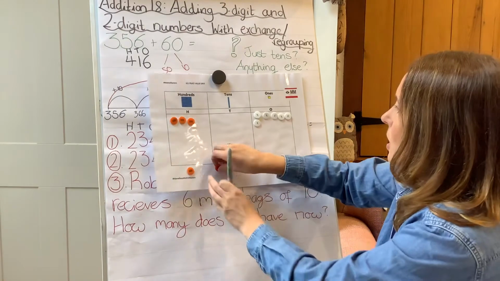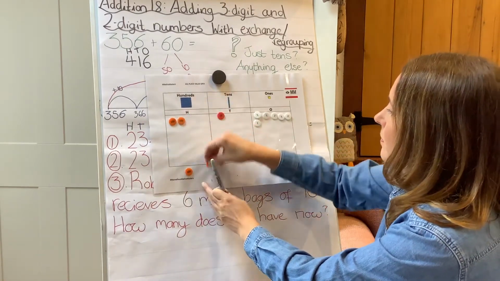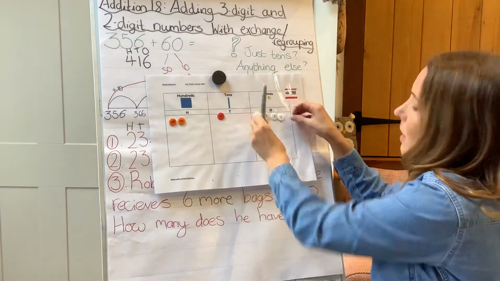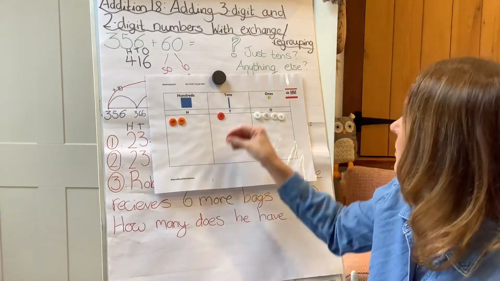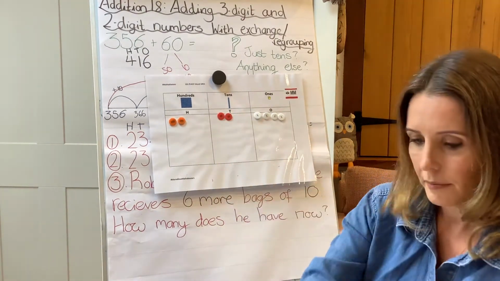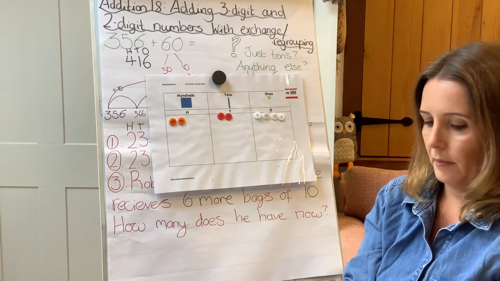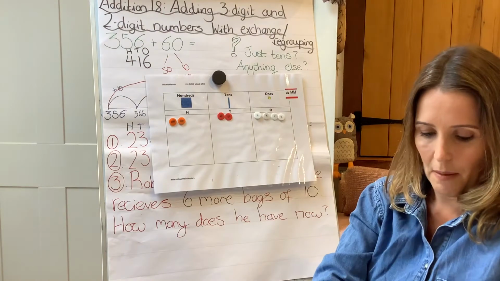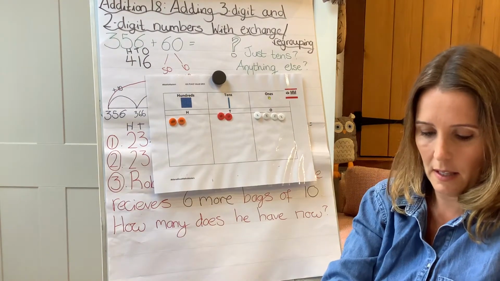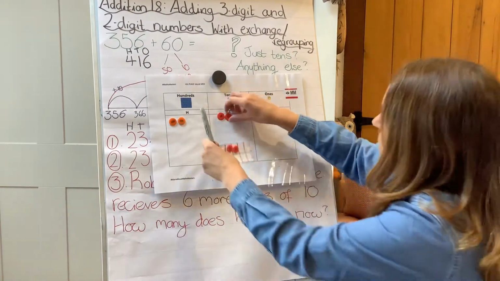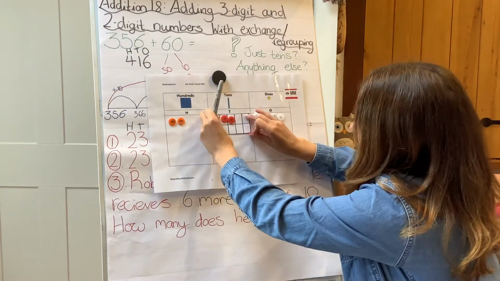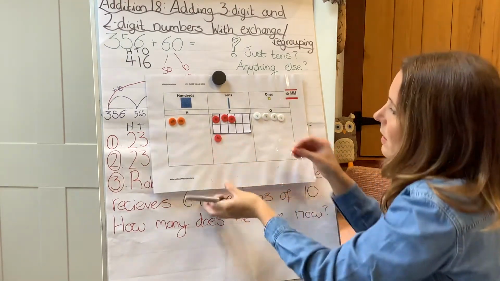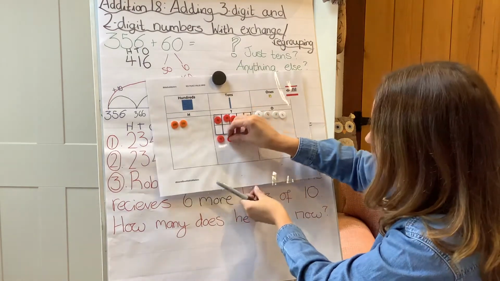So I can make my 234. Actually use my little tens frame to see it visually. 234, and we're adding on 80.